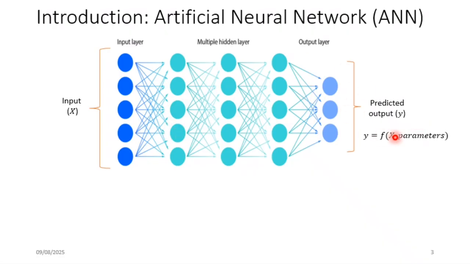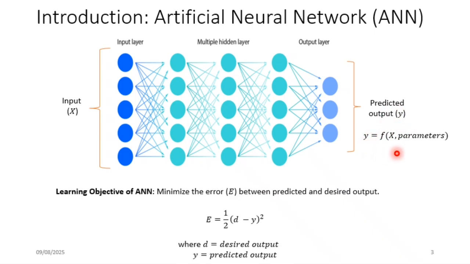In a supervised scenario where we know the desired output, we can compute the error, which is the gap between the predicted and the desired output. The learning objective of the neural network is to minimize that error. Here we are considering the mean squared error, which is 1/2 (d minus y) whole squared, where d is the desired output and y is the predicted output.